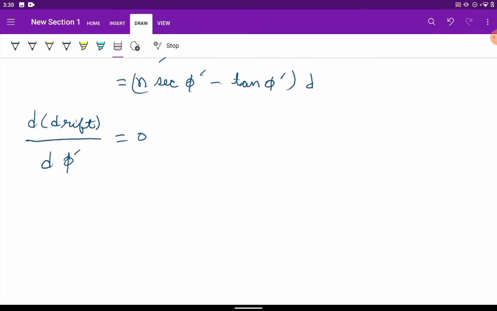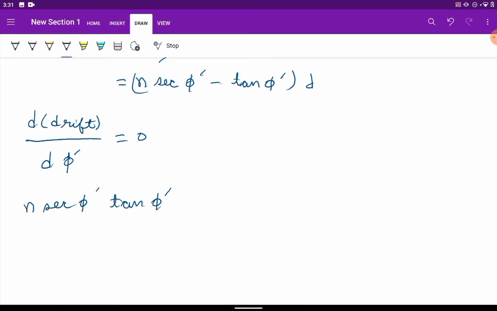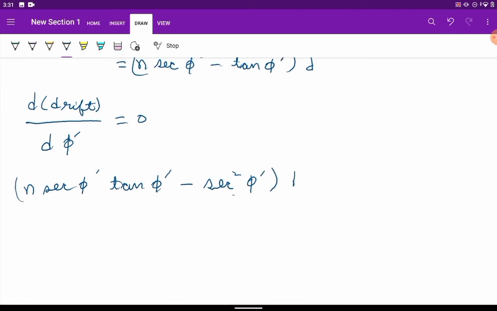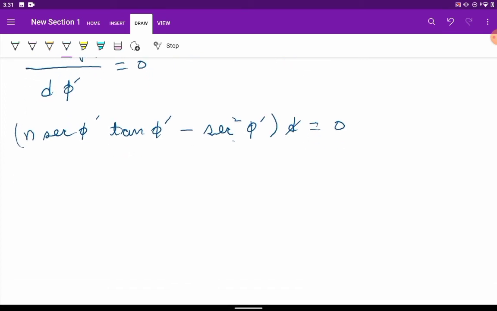Alright, so the derivative of secant phi dash with respect to phi dash would be secant phi dash tan phi dash, and n times this. The derivative of tan phi dash will be secant square phi dash. Obviously D is a constant, so this is equal to 0.